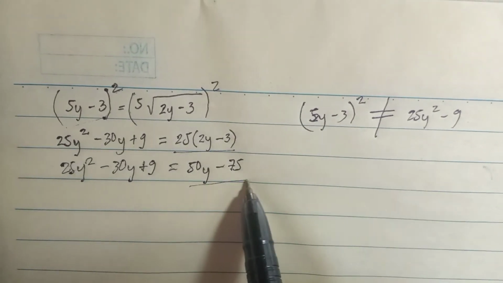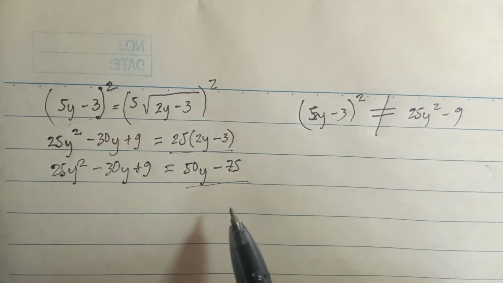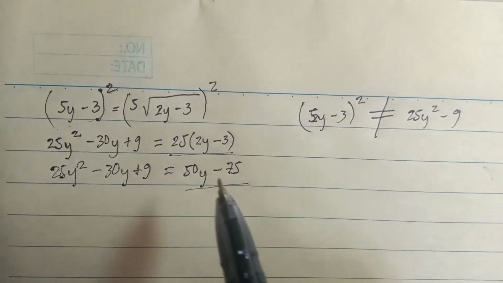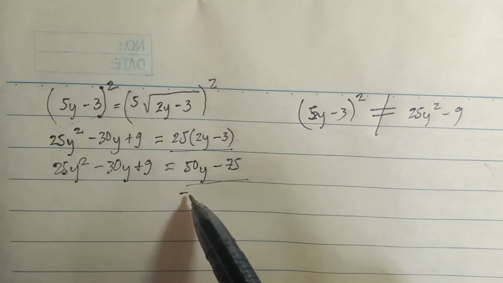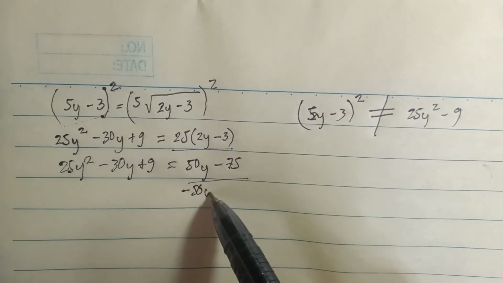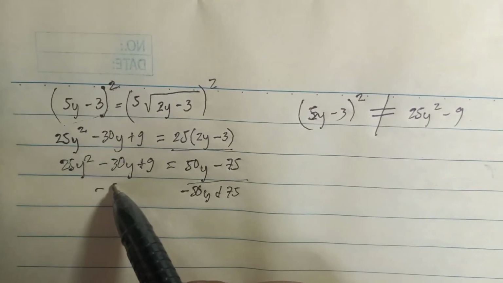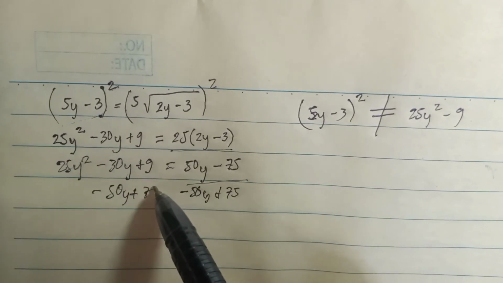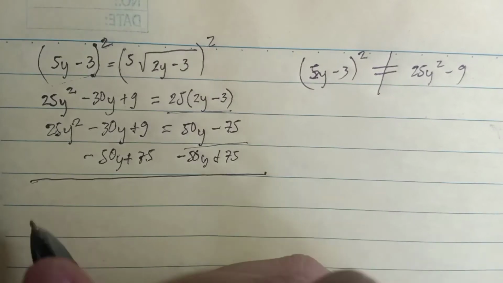We'll move this part of the equation to the left side so that we can express the right side of the equation in terms of 0. Applying the addition property of equality, we will add minus 50y plus 75 to both sides.